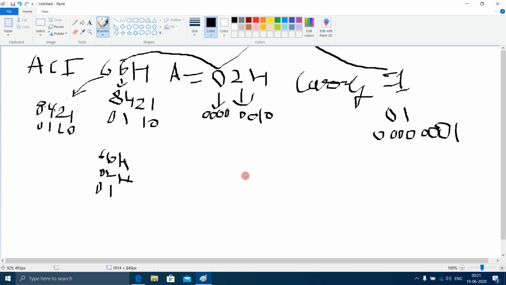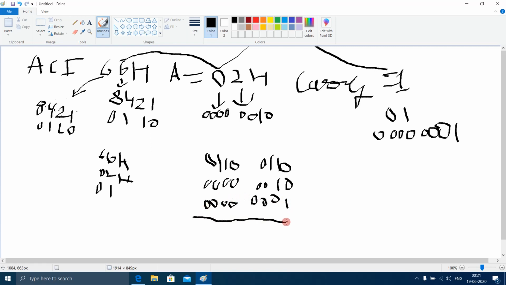So the addition will be 0 1 1 0 0 1 1 0, this is 66, and 02, the contents of accumulator, will be added with 66H, which is 0 0 0 0 0 0 1 0, and carry will be again 0 0 0 0 0 0 0 1.